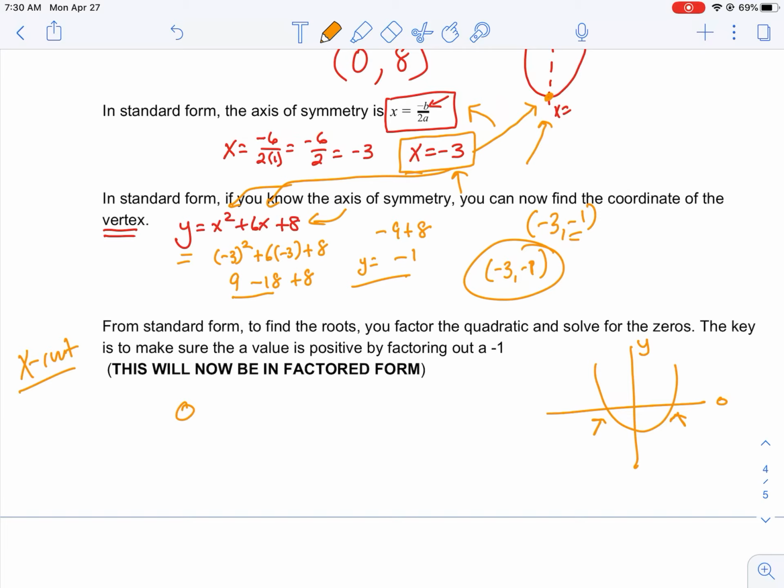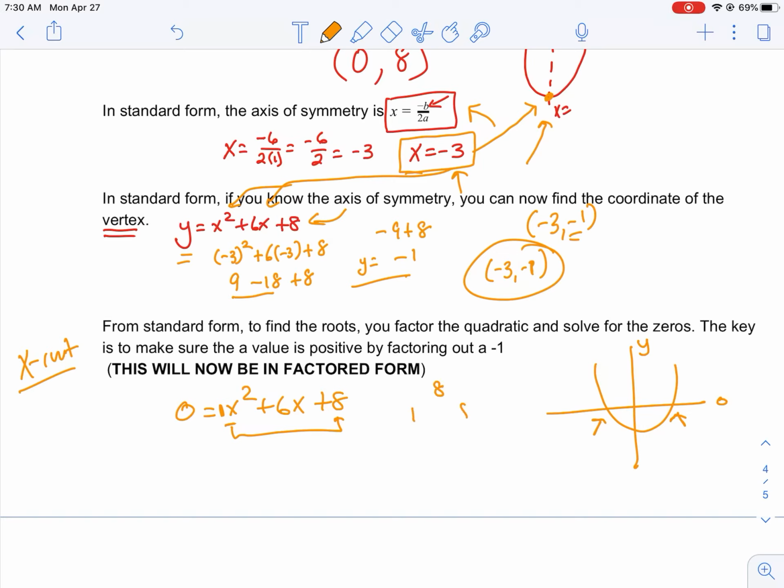So we set the equation equal to 0. So we set the quadratic equal to 0, and now we're going to use factoring. We always look to see if our leading term is negative. If it's not, then we factor like we normally did. It's a 1 here, so 1 times the 8 is 8.